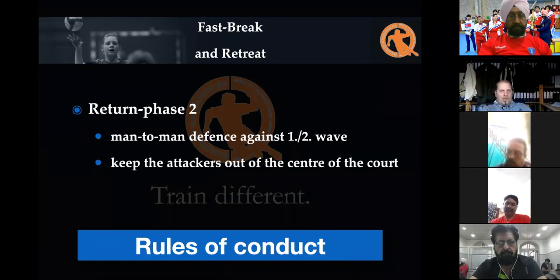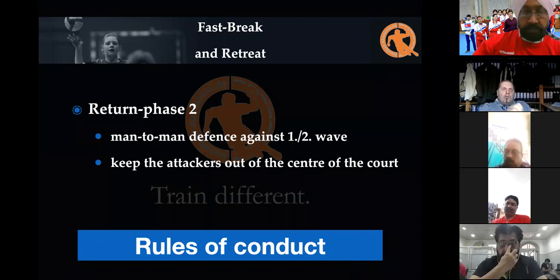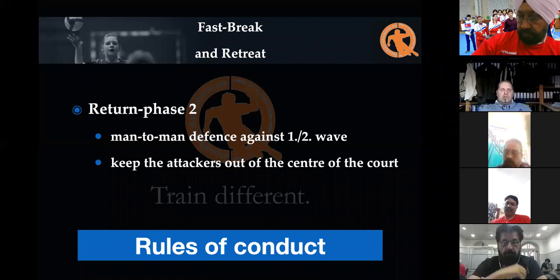Second aspect here is to keep the attackers out of the center of the court. Push them to the sideline, because as you know from the strategy of attackers, after crossing the center line, they want to go to the center area for making good decisions. So the idea of the defense is just the other way around.